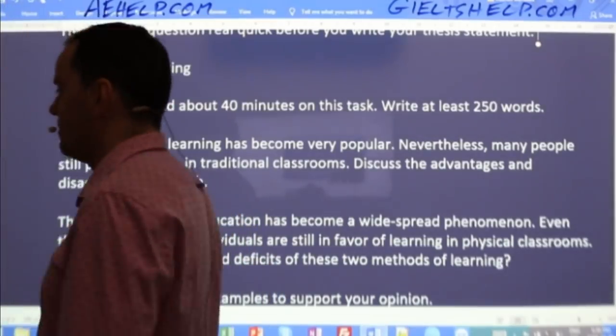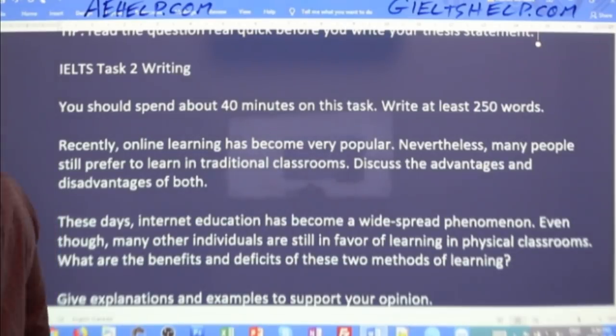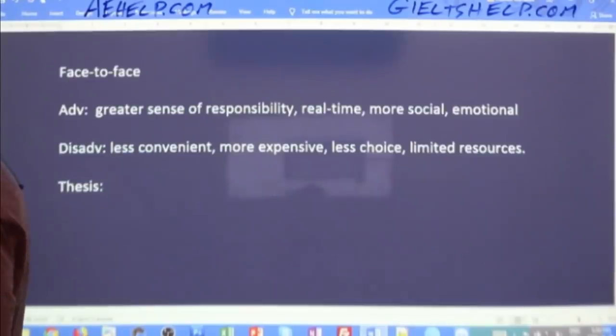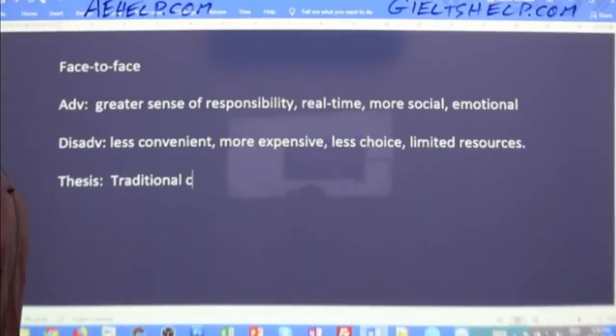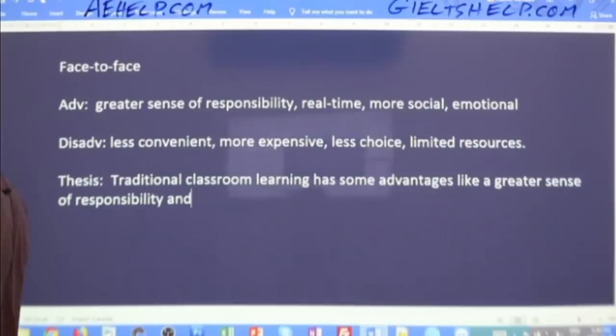All right, I'll get mine up there. It's going to be closer to what Patricio wrote. That was a nice direct thesis. So here we go. Traditional classroom learning has some advantages, like a greater sense of responsibility and interaction.